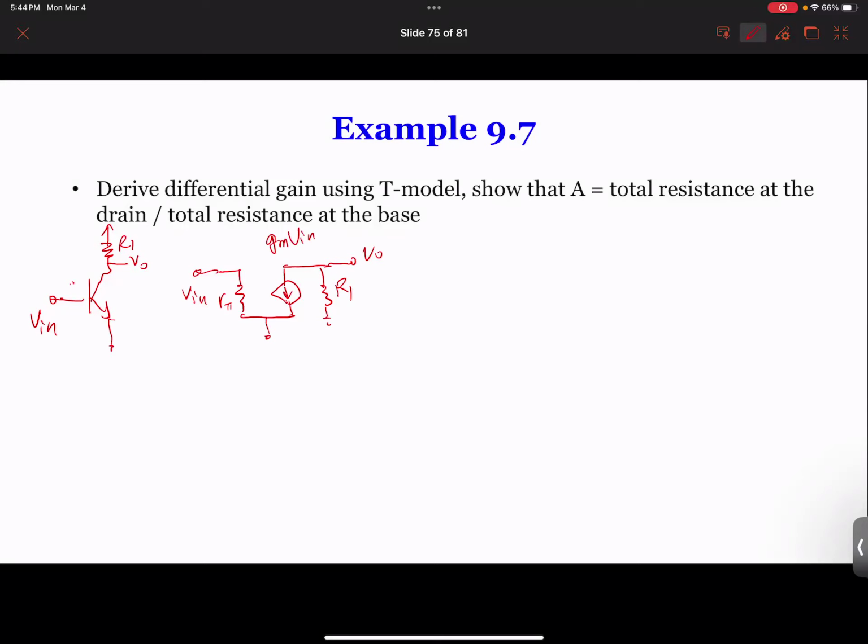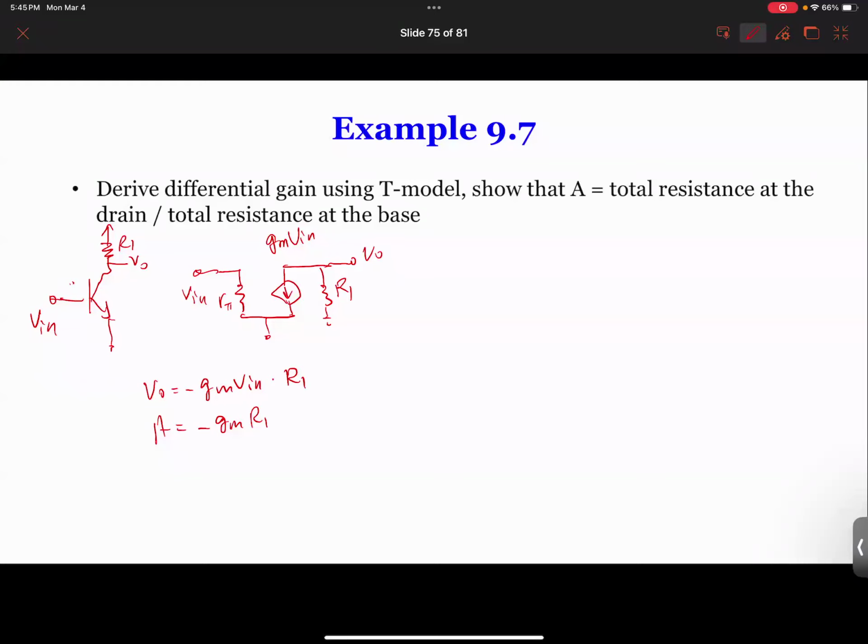For this one, it's very easy to get VO equal to minus gm times V in, and then times R1. So your gain is going to be minus gm times R1, right? So that's very simple. Now, this R1 is the top, the collector resistance.